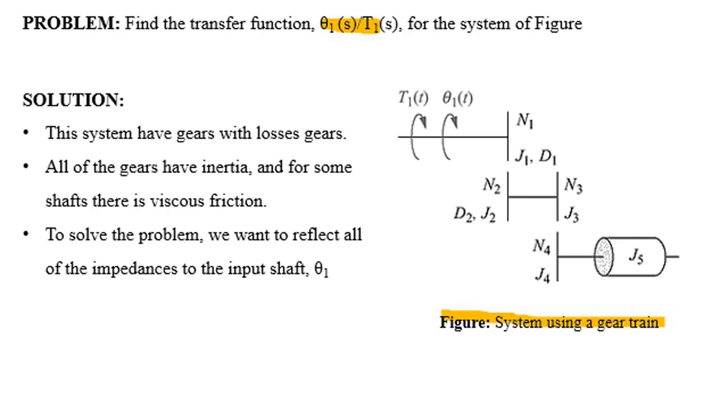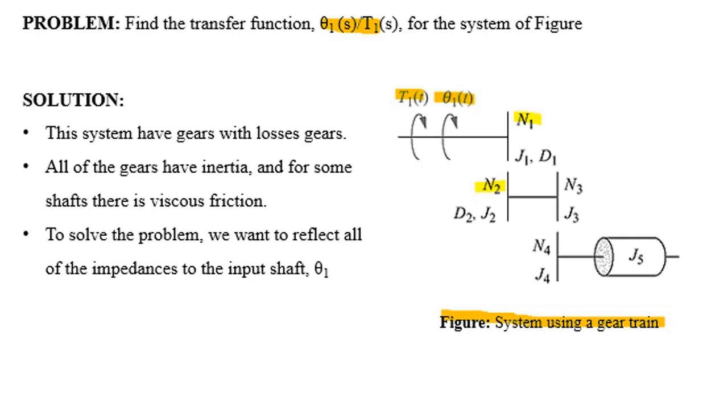Now if you look at the figure, this system consists of 3 stages. The input torque is applied at the first stage. Angular displacement of the first shaft is theta1 of t. It is connected with gears n1 and n2.